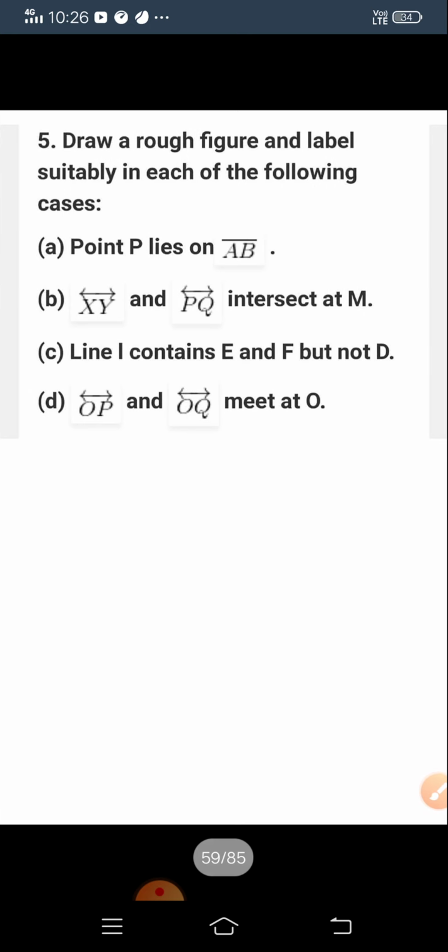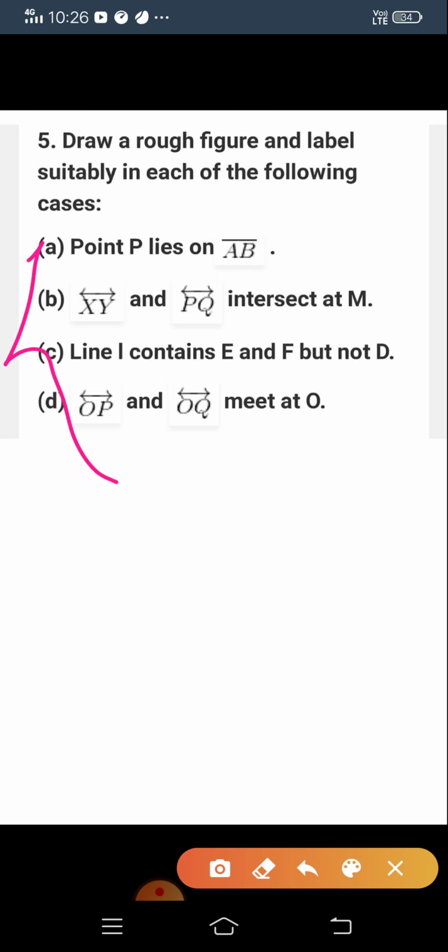Draw rough figures and label them suitably in each of the following cases. Here some questions are given. You have to draw the diagrams. Okay, first one: point P lies on AB.